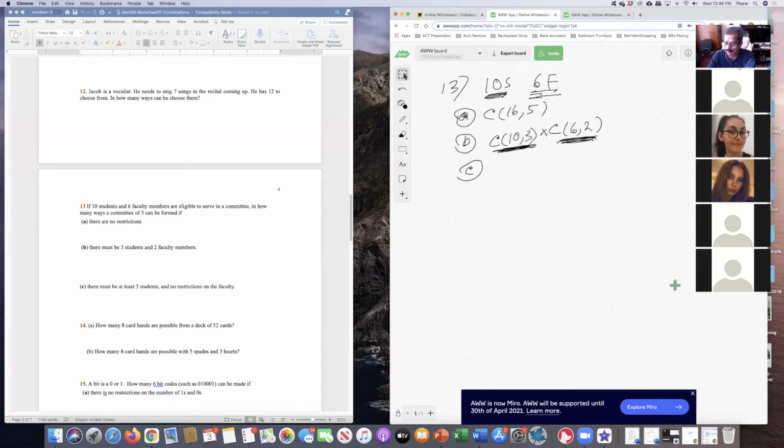So here are the ways to do it. At least 3 students, so you have to start with 3 students. I can have 3 students combined with how many faculty? 2 faculty, right? I need to have 5 altogether. So 3 students with 2 faculty will be one way.